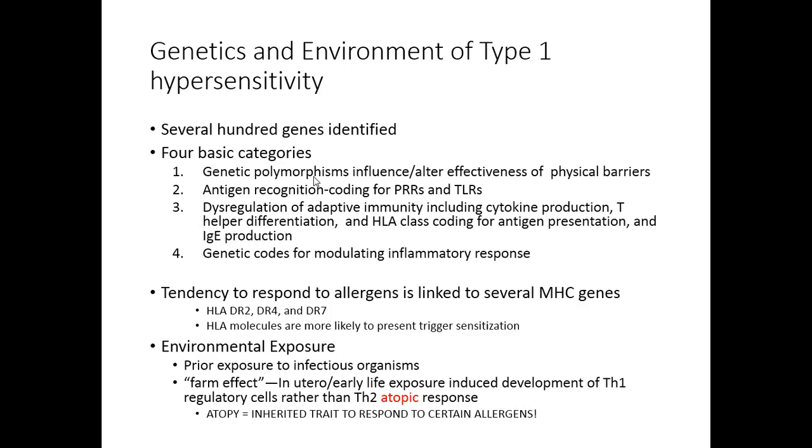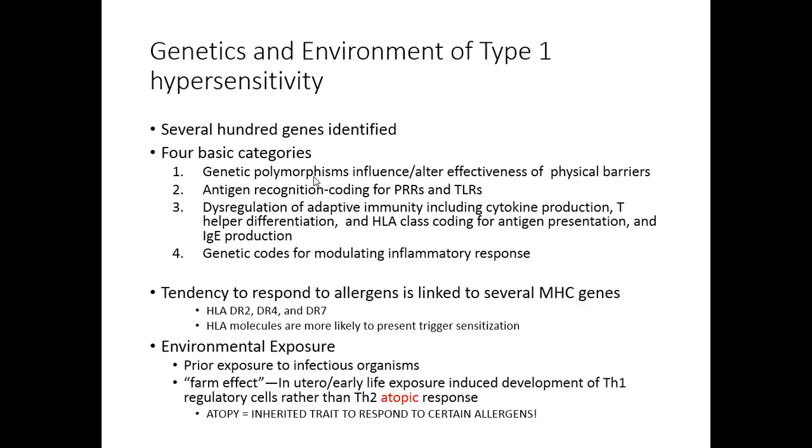The third of the 4 basic categories can be classified as dysregulation of the adaptive immune system, including cytokine production and T helper cell differentiation, so that instead of T helper 1 differentiated from those naive T cells when an allergen is presented, it's triggered to be a T helper 2 that will accept antigen presentation.